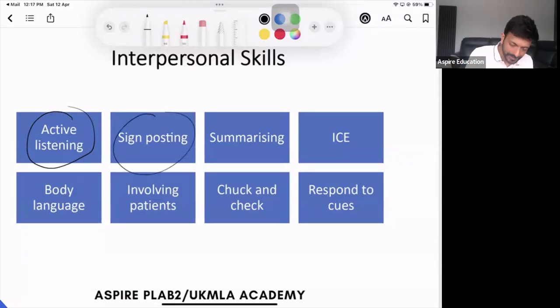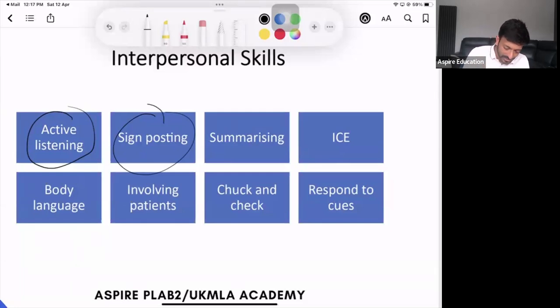Then one is signposting. When you are moving from one part of the station to the other part of the station, I would like you to signpost. Signposting is simply giving a heads up to the patient that these questions are coming. For example, you are going to start the lifestyle history about smoking, alcohol. If you ask straight away, do you smoke? It's a bit like the patient is not ready for those questions.